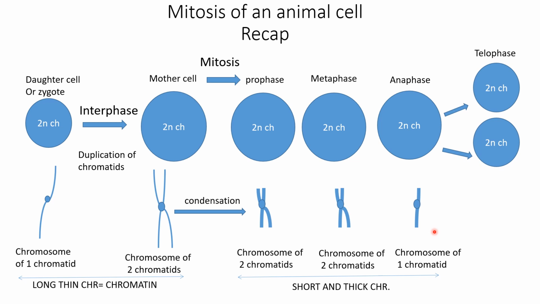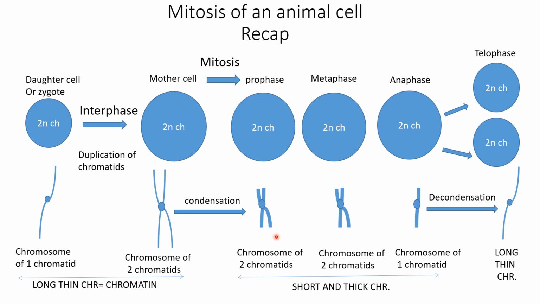Finally, the cell divides in the last phase, telophase, into 2 daughter cells, each with 2N chromosomes, but unlike the mother cell in prophase, the cell has long and thin chromosomes of 1 chromatid. And this is what we call decondensation. It's when the short and thick chromosome becomes long and thin.